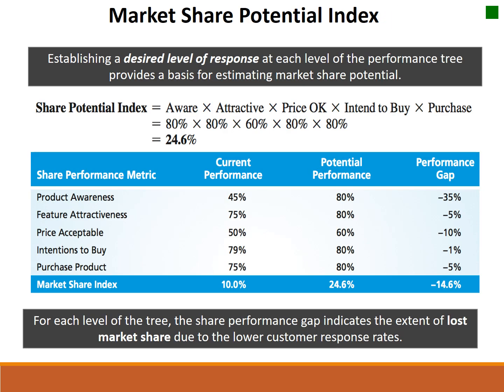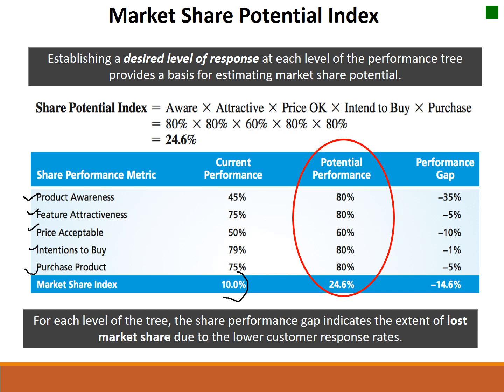So we have these different features: product awareness, attractiveness, price, intention to buy, market share, that all fall into our calculation. What we want to be able to do is determine what an optimal level for each of these would be, and base our planning on what our optimal performance would be compared to our current performance.